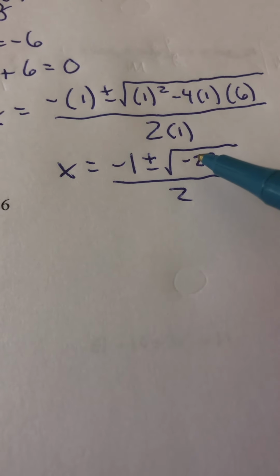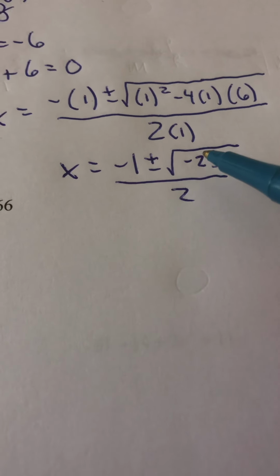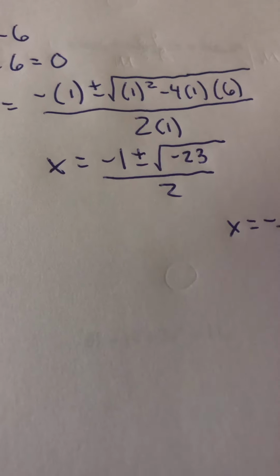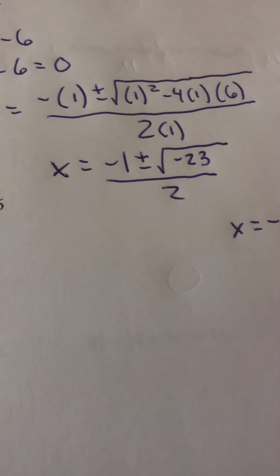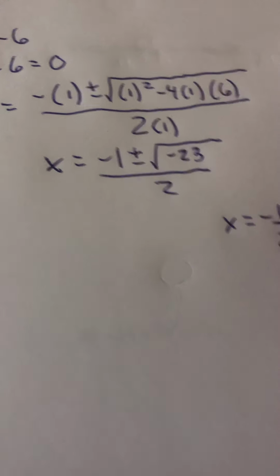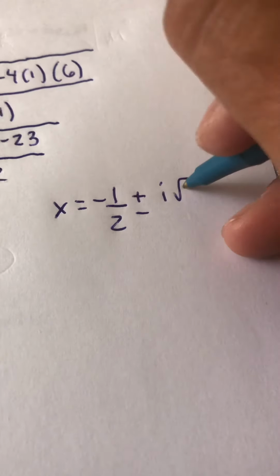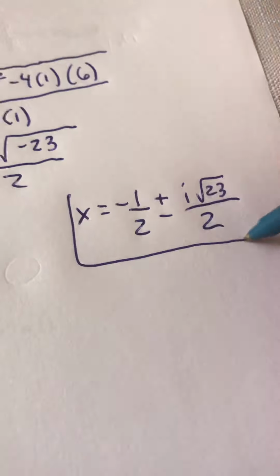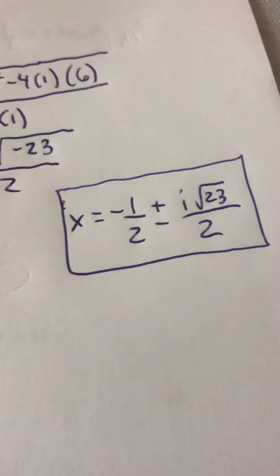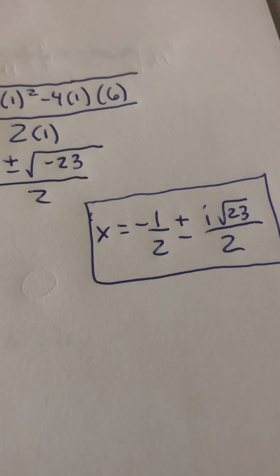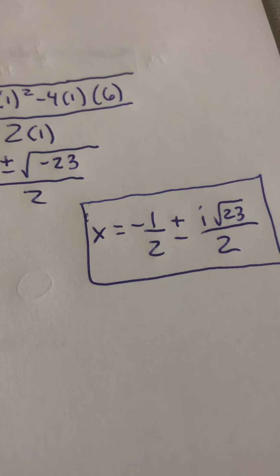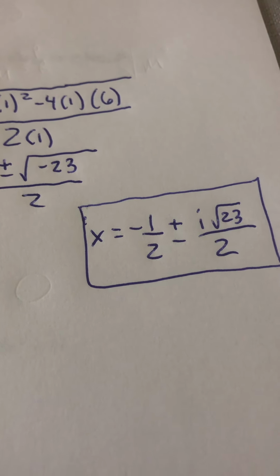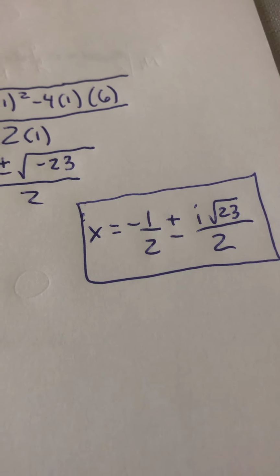This negative under the radical is an i by definition. So your answer will be x is equal to -1 over 2 plus or minus i radical 23 over 2. So that's my answer. You can also break it up into -1/2 plus i radical 23 over 2, and then -1/2 minus i radical 23 over 2.